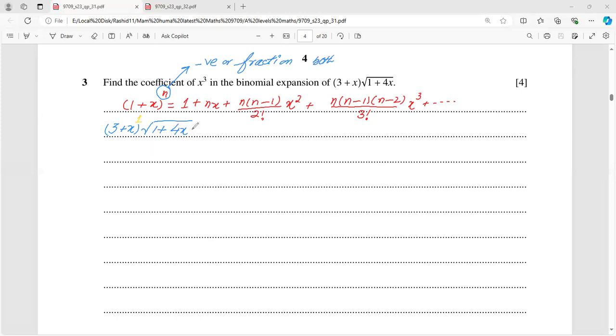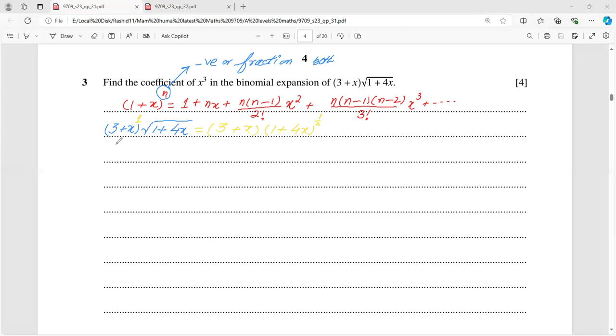So I can write this one with the exponents as (3 + x) raised to power 1 and (1 + 4x) raised to power 1 by 2. We have to use the calculator a lot.